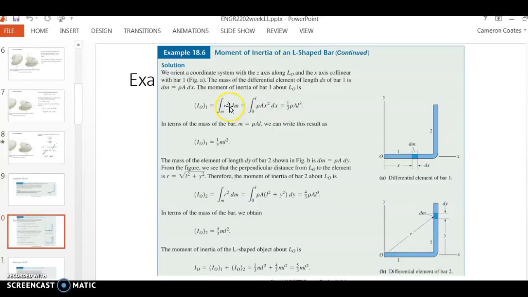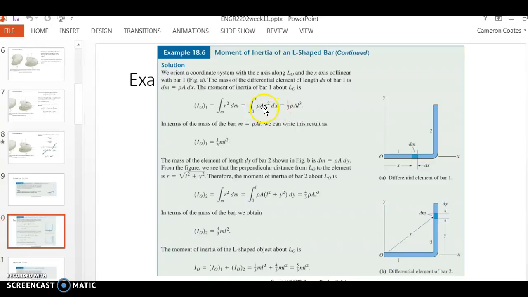And what would be my r? What's r again? It's the perpendicular distance from the axis to the elemental mass. In this case, the axis we're talking about is coming out of the plane, perpendicular to the plane, at O. So the r distance must be x, right? That's where this x squared term comes from. Integrate all of this.